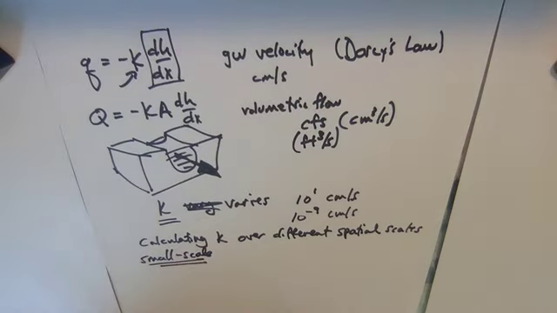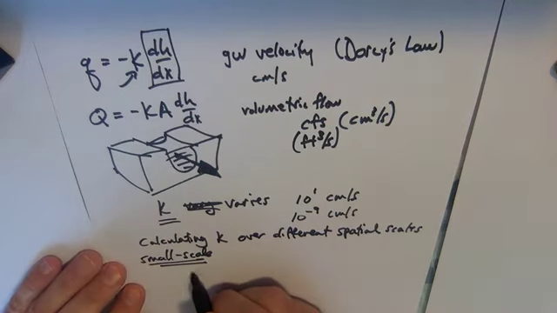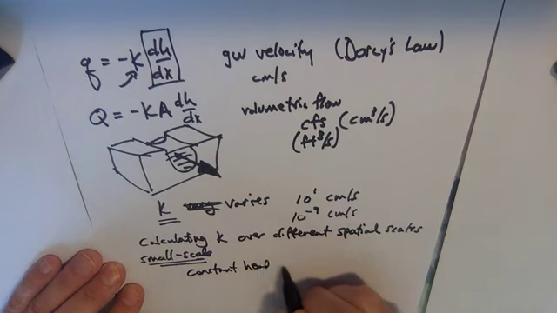So to calculate hydraulic conductivity in a section of sediment or rock that's about the size of a jar of peanut butter or a can of tennis balls or something, we use what's called a constant head permeameter.